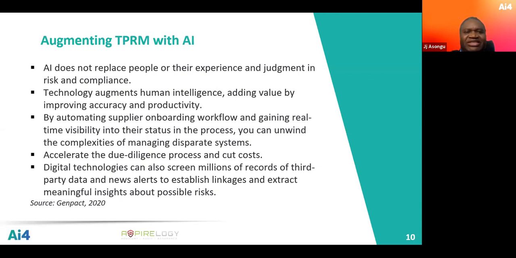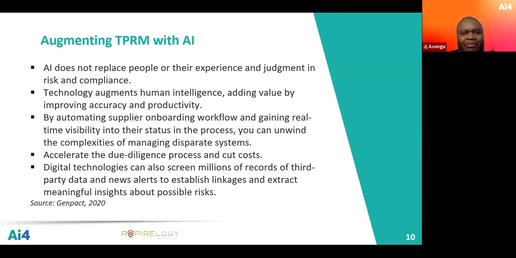However, it is important to state that AI, artificial intelligence, will not necessarily replace the role of the assessor, the role of human beings in the third-party risk management process.